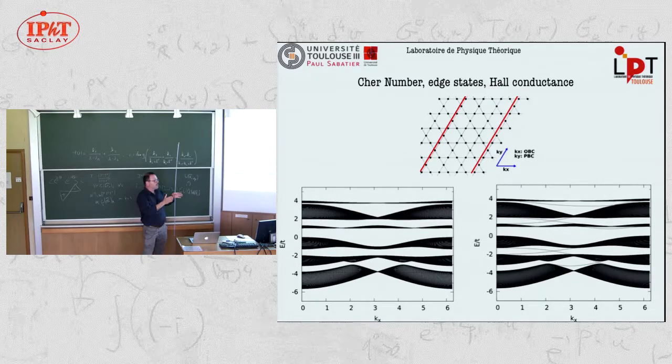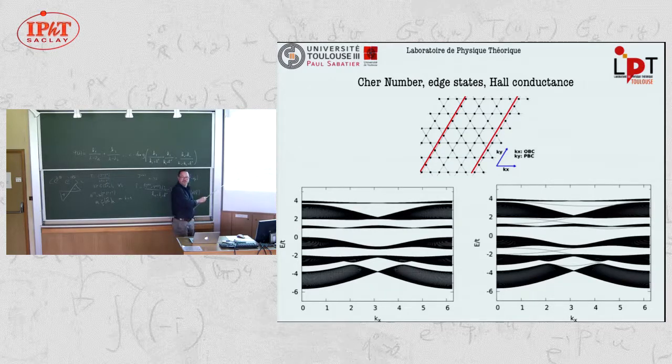But then we can either choose to also make it periodic in the other direction to make a torus, or leave it open. Of course, if you leave it open, then momentum is not a good quantum number in the other direction. So we can only plot the spectrum as a function of the only good quantum number in both cases, which is kx. And what we get is this.